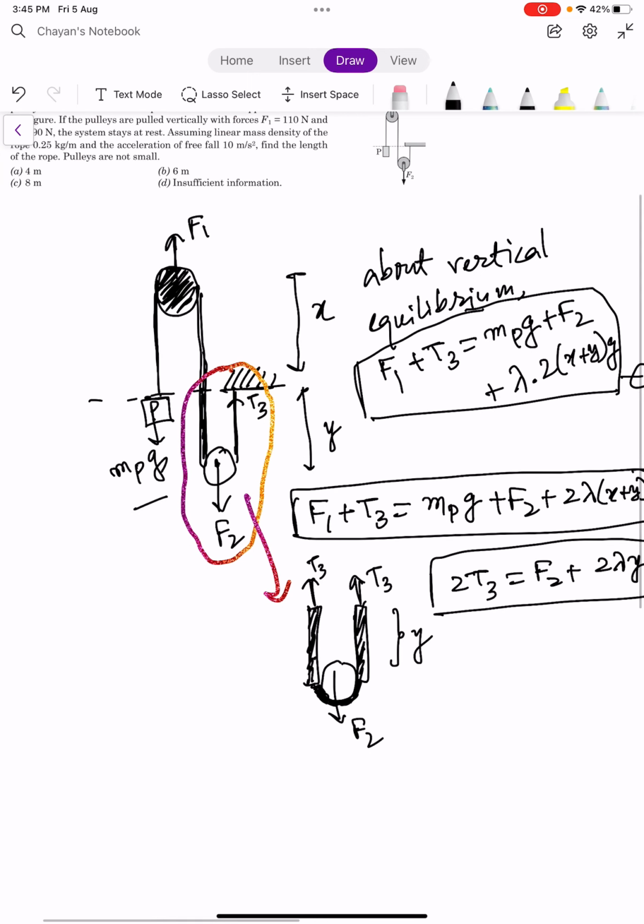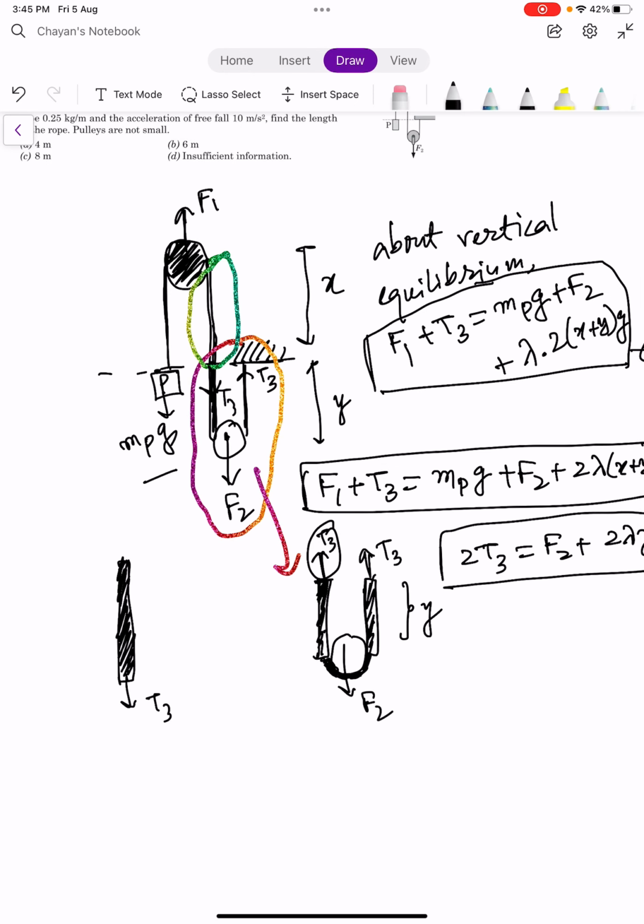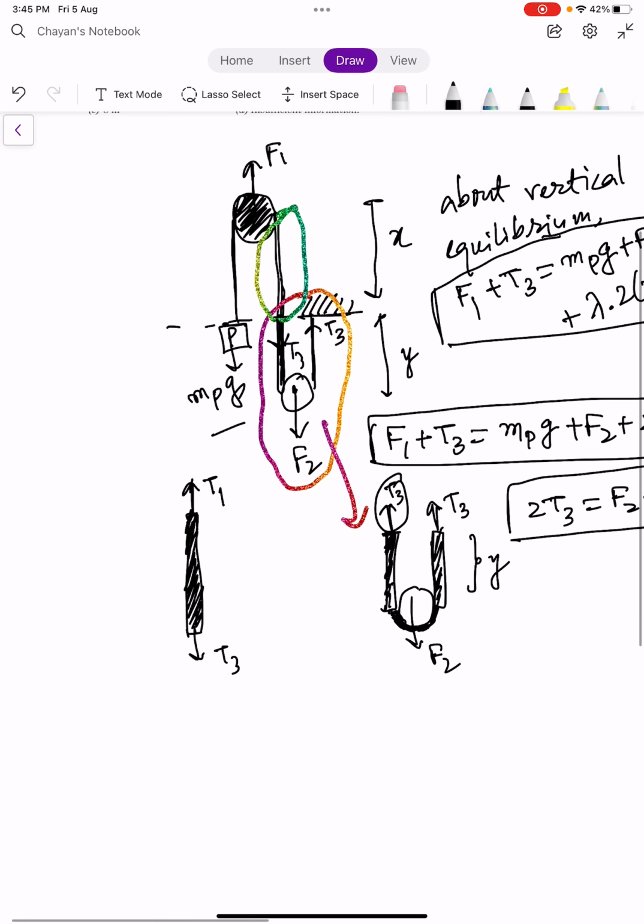Now if we see this other part, as here there is T3 which was acting beneath it, here will be T3, and let's consider another tension T1 acting over there.